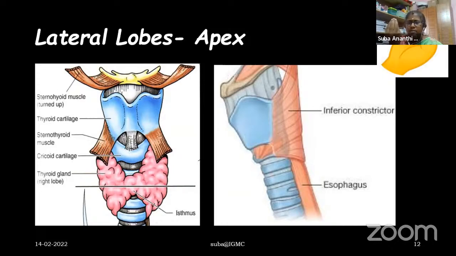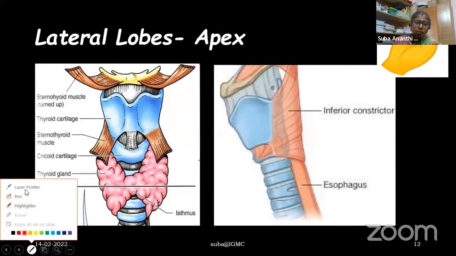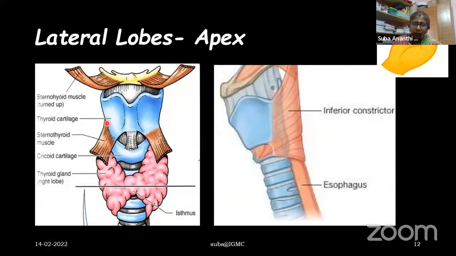The apex is sandwiched between two muscles. One muscle is a strap muscle, that is the sternothyroid muscle. The sternothyroid muscle gets attached to the oblique line of thyroid cartilage. It's stripped here. So this is the sternothyroid muscle. And you have another muscle here, that is the inferior constrictor.